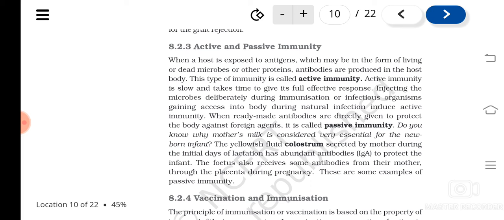But that depends upon the number of pathogens that entered your body. The antibody production will be very less, and there will be a severe fight between the pathogen and the antibodies. Sometimes, if the number of pathogens entered is more in your body, and the antibodies produced are less, then what will happen?